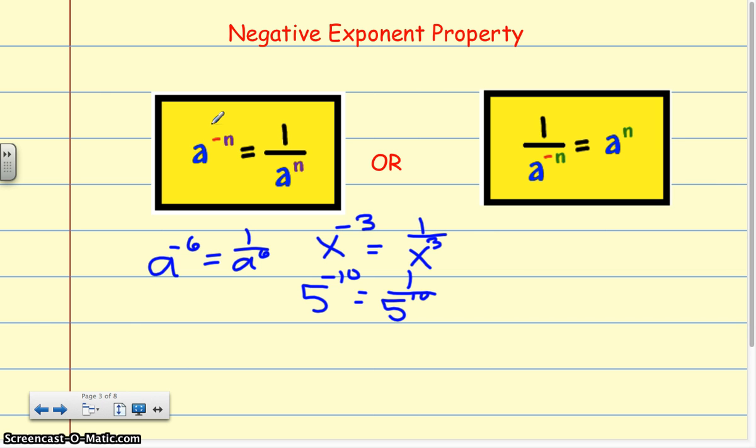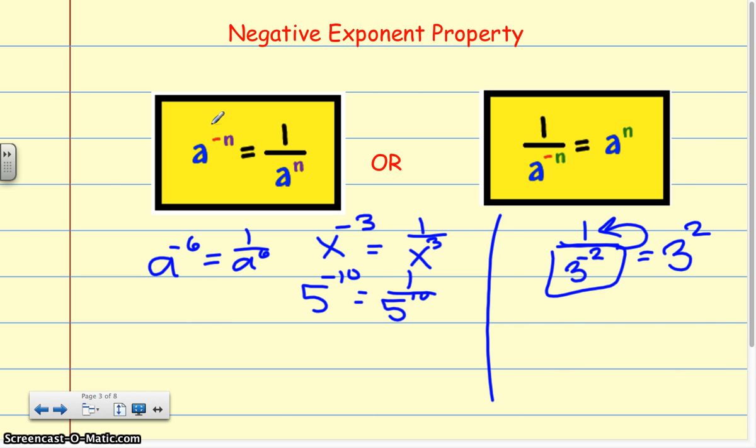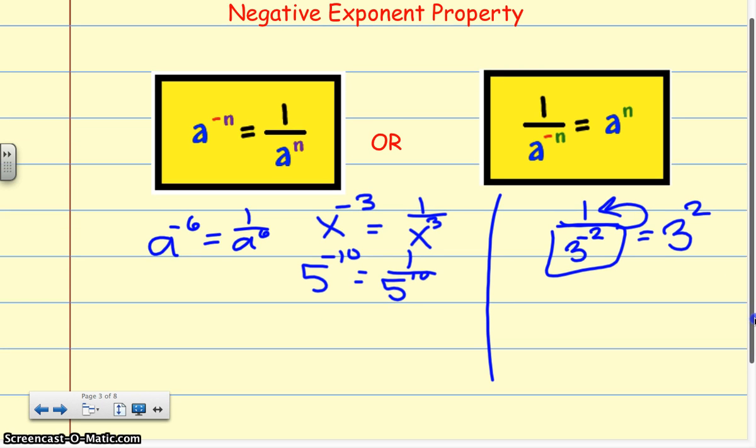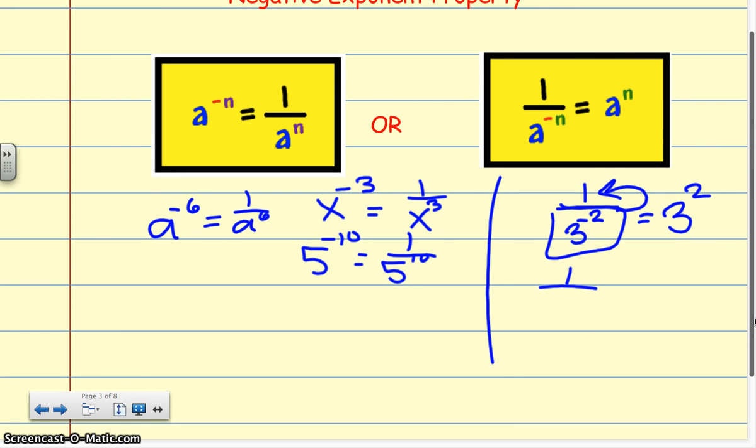And the other example, if I had 1/3 to the negative 2, since it's on the bottom, to turn it positive I'm going to just put it on top, 3 squared. 1/x to the negative 5 would just turn into x to the positive 5. The hardest part for students is this second example, knowing how to handle that.